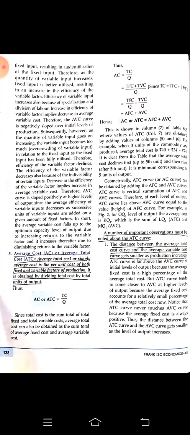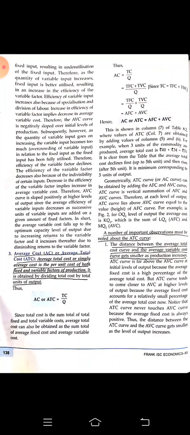Here they have explained to us about the average cost or average total cost. Average total cost, or simply average cost, is the per unit cost of both fixed and variable factors of production. It is obtained by dividing total cost by total units of output.